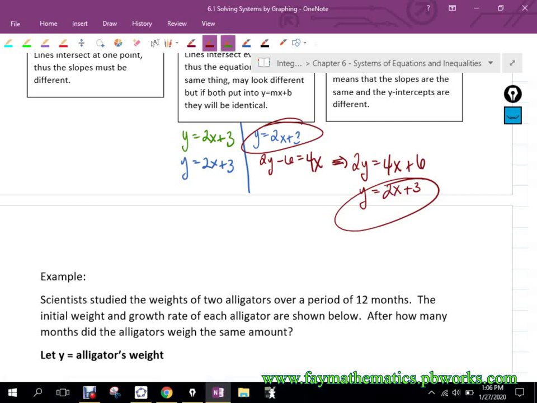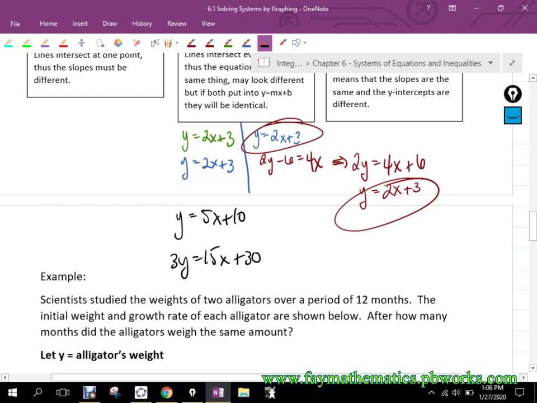One of the easiest ones to see is something like y equals 5x plus 10, and then the next one, 3y equals 15x plus 30. What have I done to that first equation to get the bottom one?